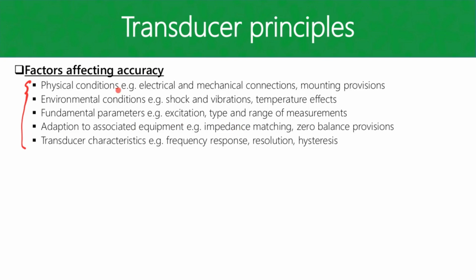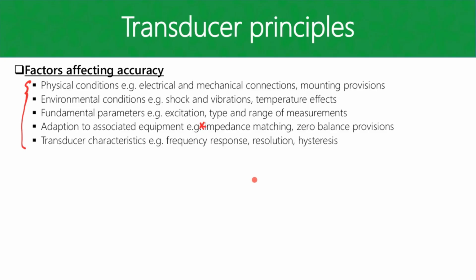Other things that will also affect your accuracy would be adaptation to associated equipment. Meaning things like impedance matching and zero balance provisions that need to be made. This is particularly true with your process device.